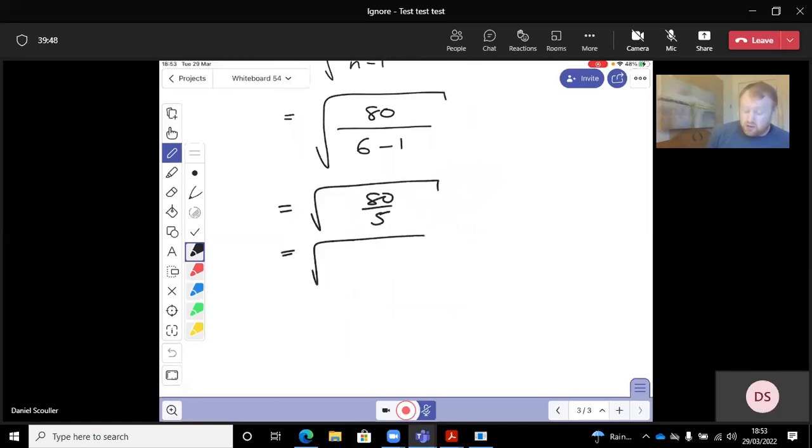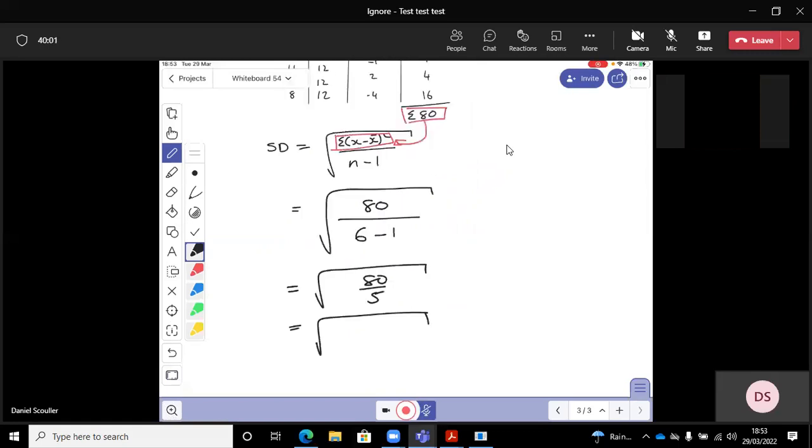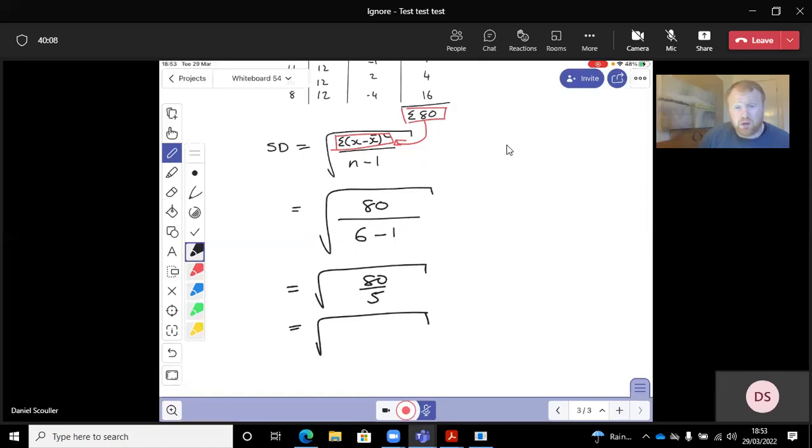Which you can put in your calculator now. Do you have to write the formula to have a mark on that, or can you just go straight and write 80? I would write the formula, because you get given the formula, so I'm going to say no, but it's a reasonable question.